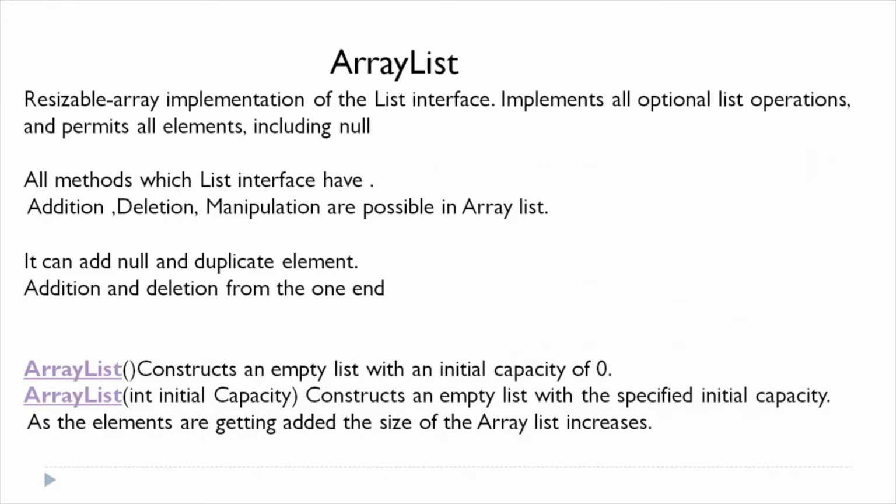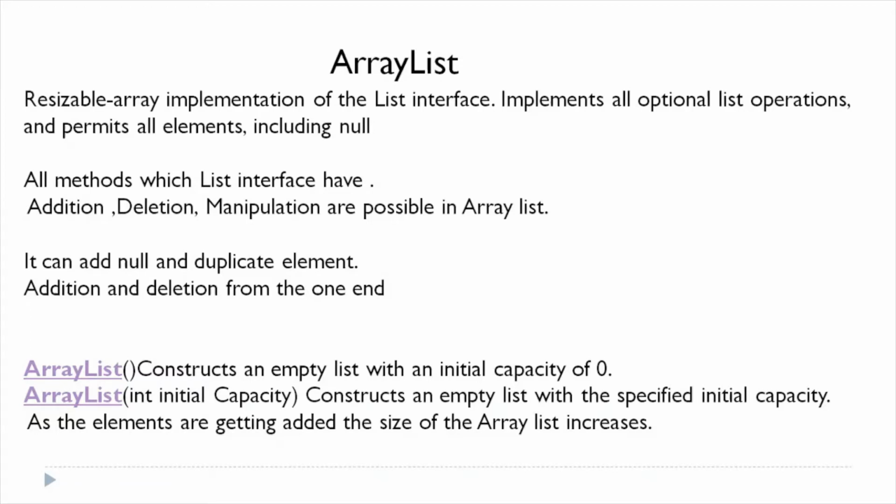This is array list. Resizable array implementation of list interface implements all optional list operations and permits all elements including null. All methods which the list interface has, addition, deletion, manipulation, are possible in array list. It can add null and duplicate elements, and addition and deletion from one end.